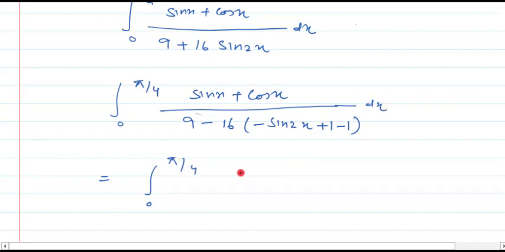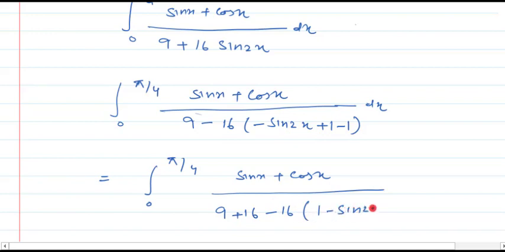Now let us rewrite it as sin x plus cos x upon 9. We need only 1 minus sin 2x, because 1 minus sin 2x is t square. Other terms let us segregate. So it is minus 16 and minus 1 gives us plus 16. This 16 gets multiplied with these two terms also, and we are getting minus 16 into 1 minus sin 2x.